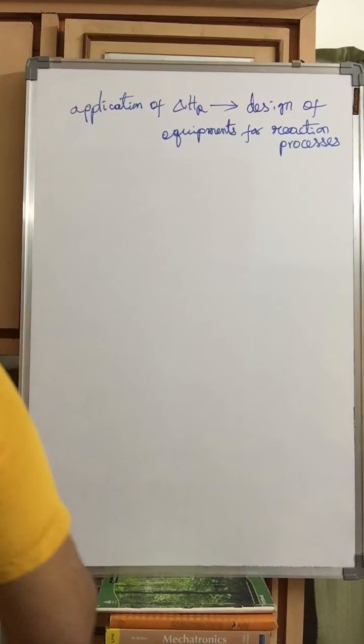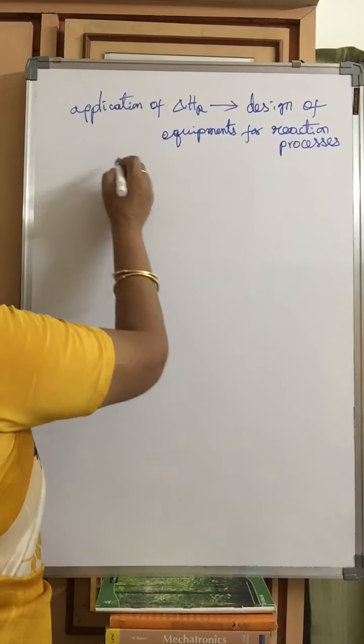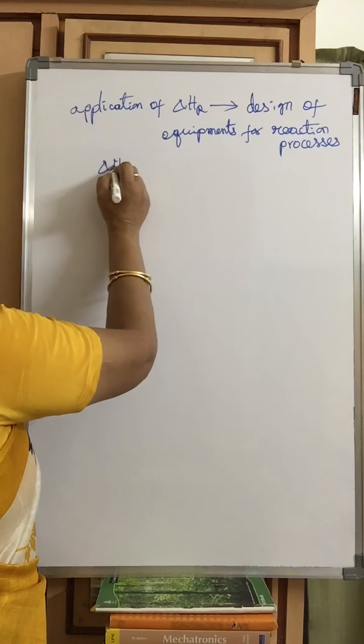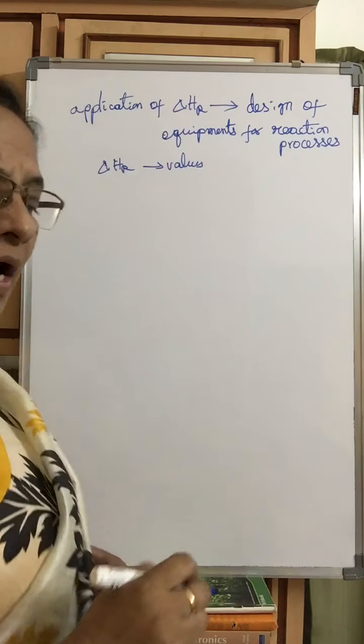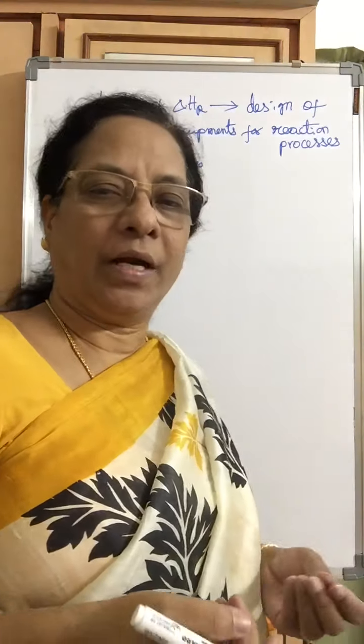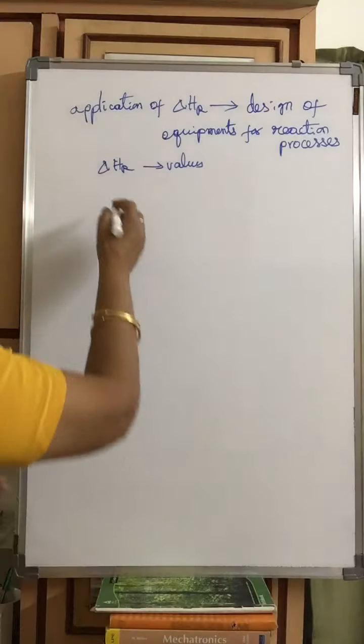And also here, how to know these delta HR values? Actually, it is not practical to measure delta HR values for every reaction, isn't it? But it can be estimated.